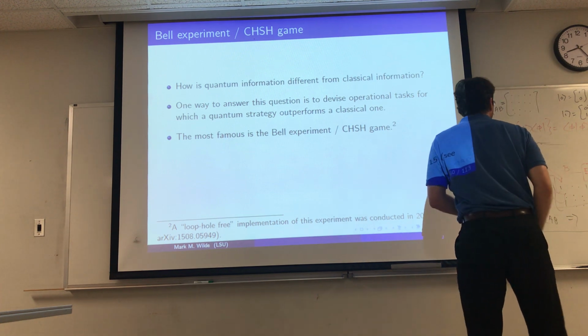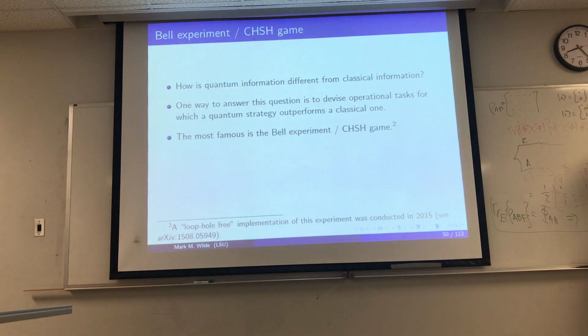Okay? These local stations need to be far enough apart such that Alice and Bob would not be able to communicate classically to coordinate their responses to the questions in the game.